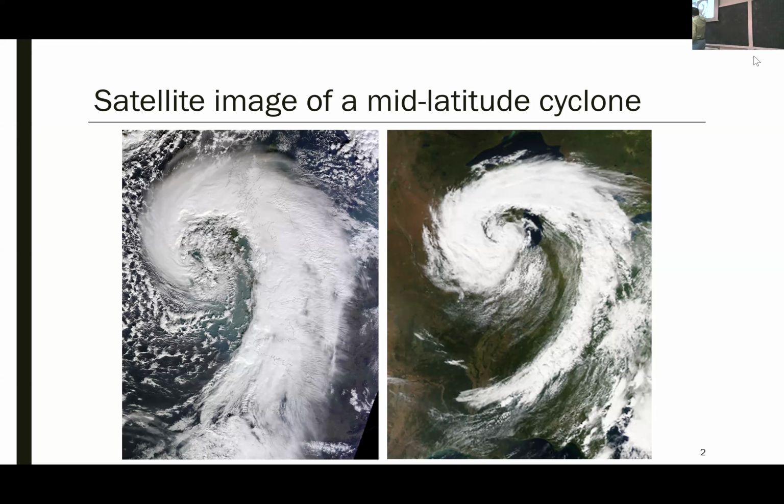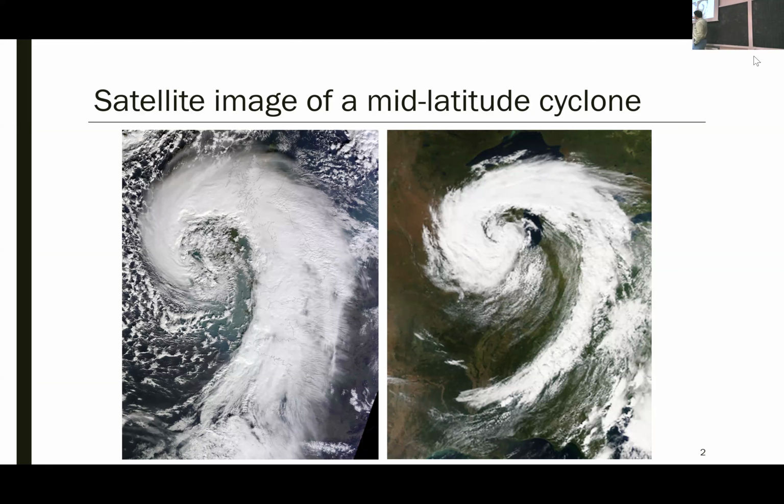And here you have two examples, and you can see how they look like a comma. They are curving in. And you can probably infer that the circulation is counterclockwise. And there are these bands of clouds that, after today's lecture, you will hopefully understand how they form, in something called a cold front, warm front, and so on.